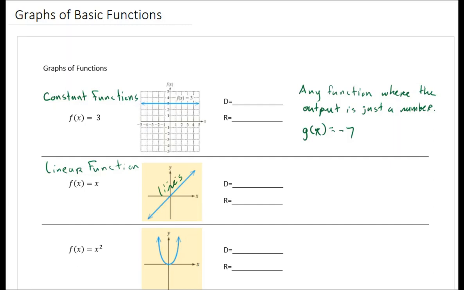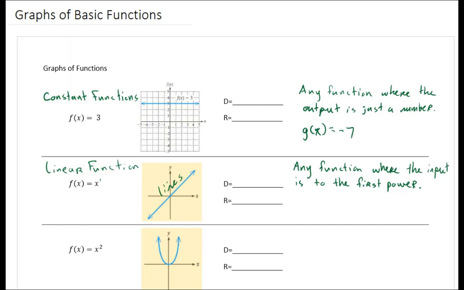A linear function is any function where the input variable x is to the first power. Wherever it lands in the equation, it's to the first power. And if that's the case, it's going to graph out as a line. We could also say it's any degree 1 polynomial function.